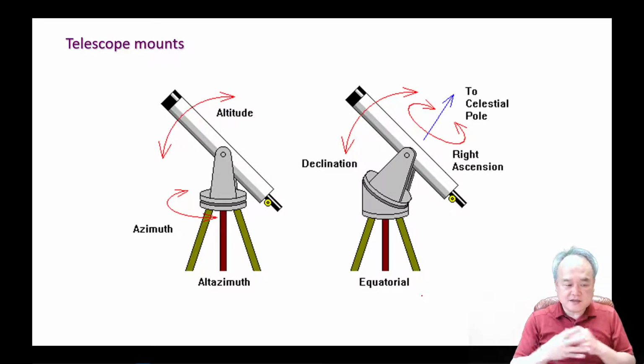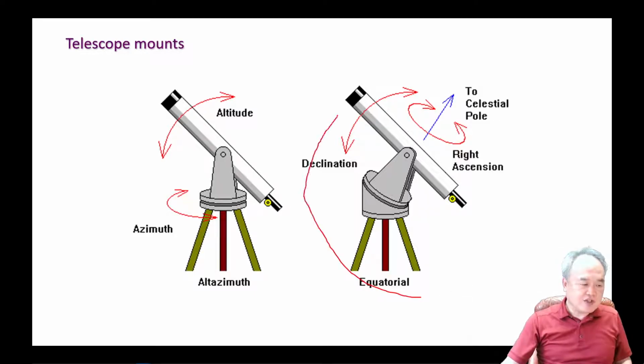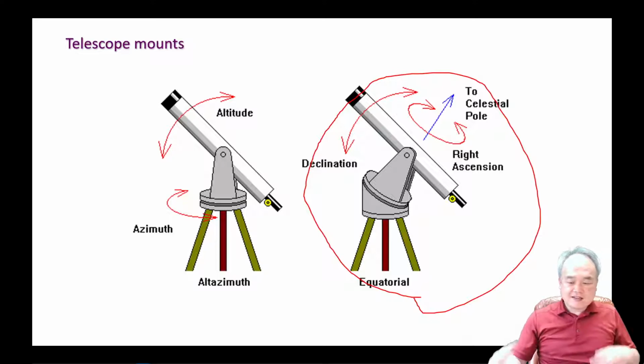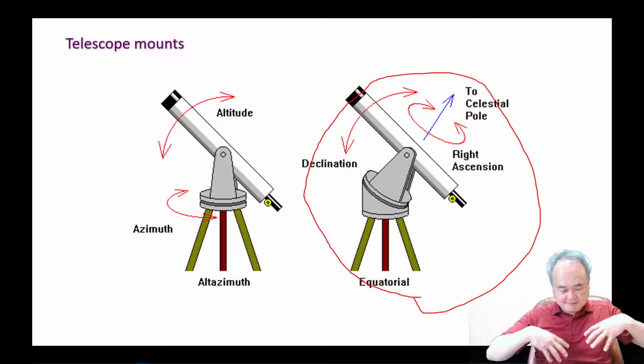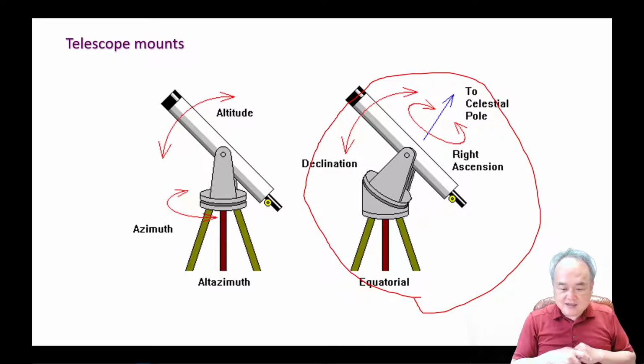As the telescope gets even larger than 4 meters, 6 meters, it becomes nearly impossible to make this equatorial system work perfectly because of the weight balancing issue.